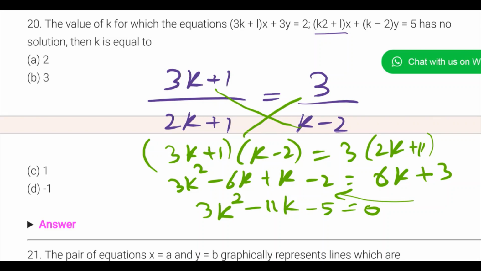Let's try to substitute the values of k from the options. If I substitute 2, 2 square is 4 into 3 is 12, minus 22, minus 5, no. Not getting the solution for this.